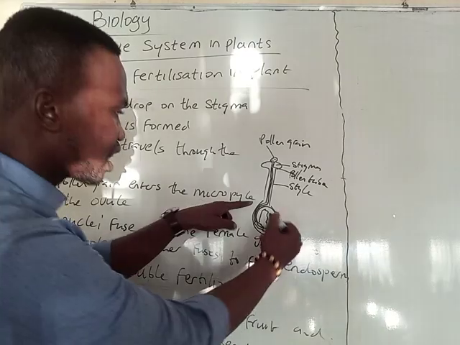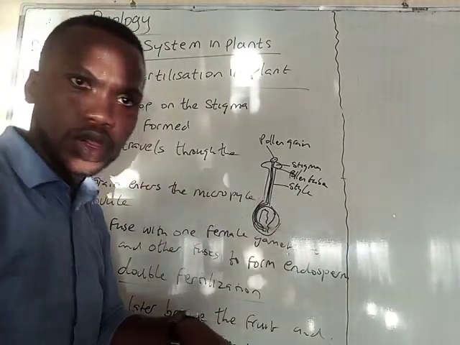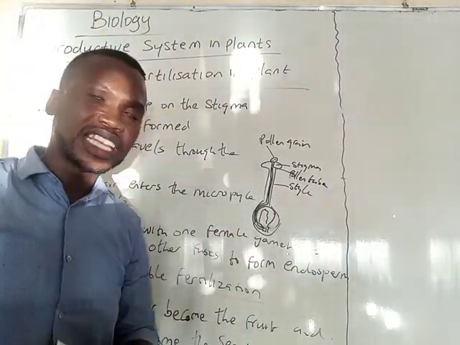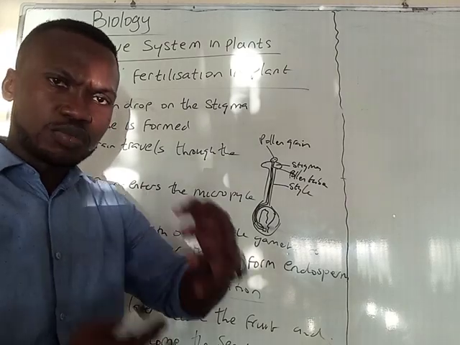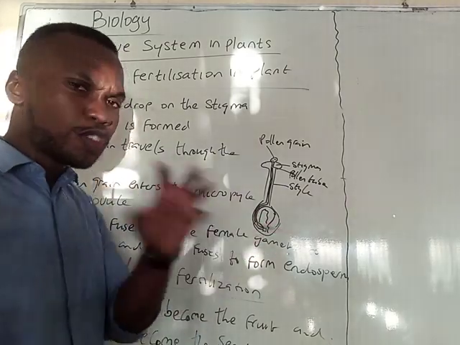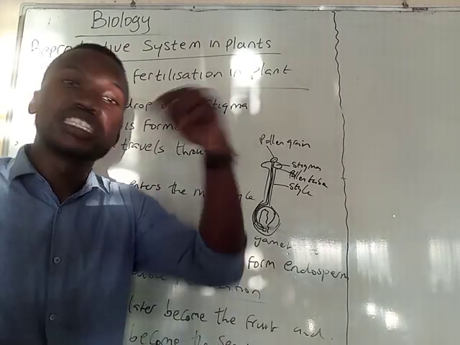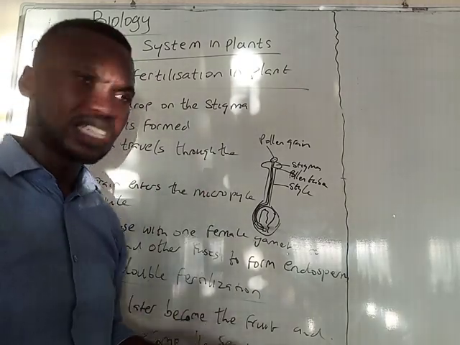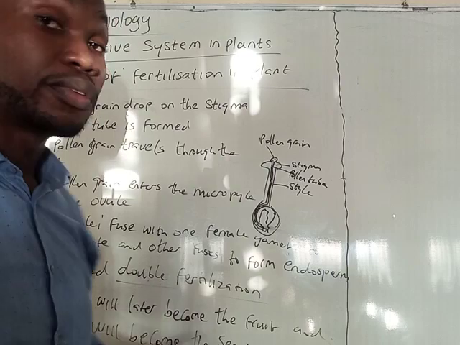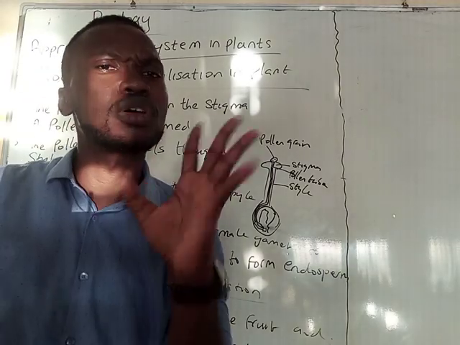So basically, after fertilization occurs, when the plants begin to mature and grow, the fruit you are seeing is actually the ovary, while the seed inside is the ovule. So that is basically the easy step-by-step on how fertilization in plants occurs.